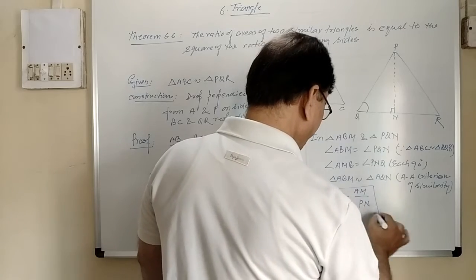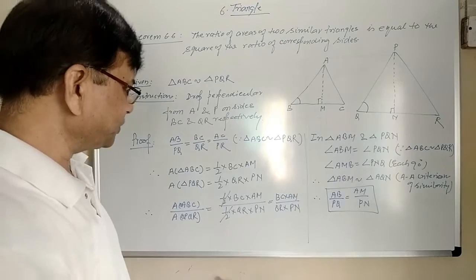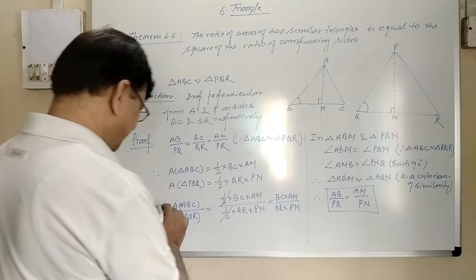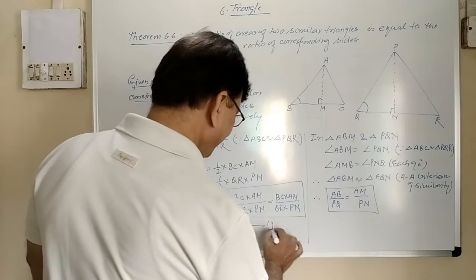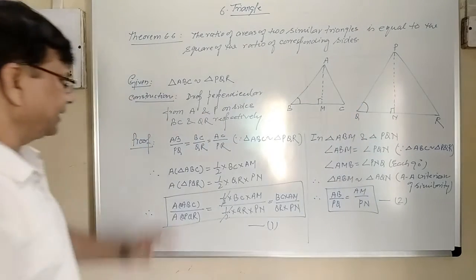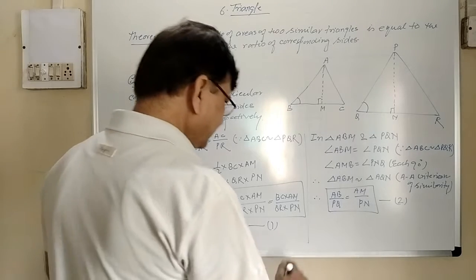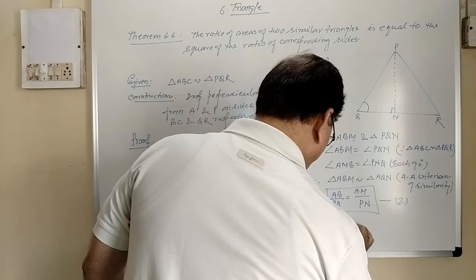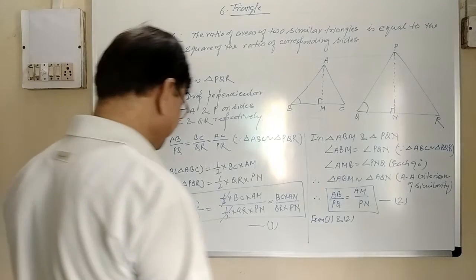It is a very good and very important relation, and we will further proceed and use the areas with this relation and this relation. So you will take this one as 1 and this as 2. From 1 and 2, from this and this, what we will get?